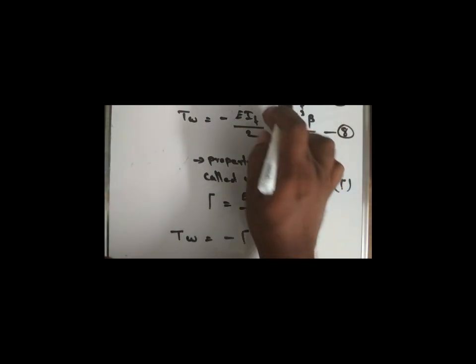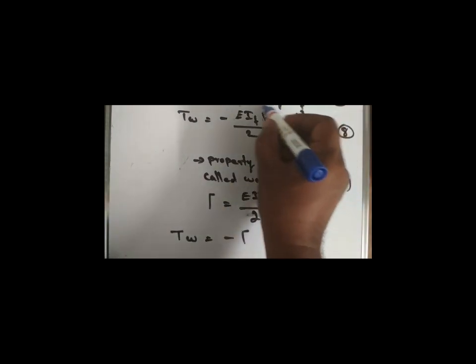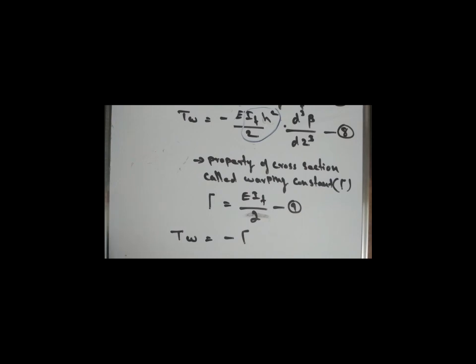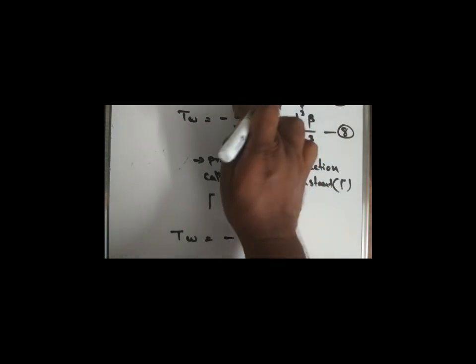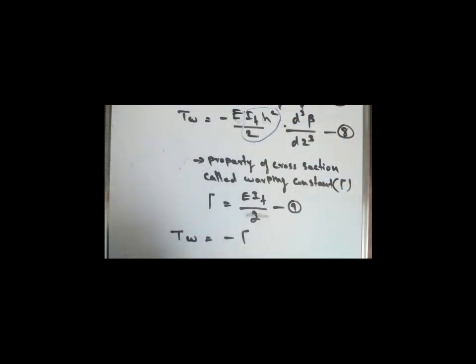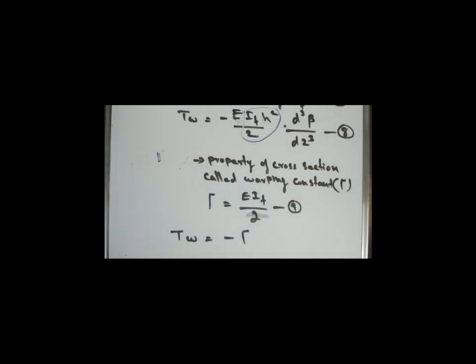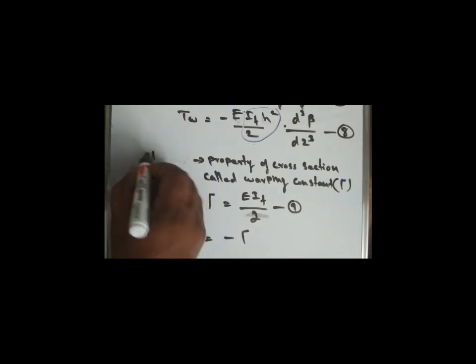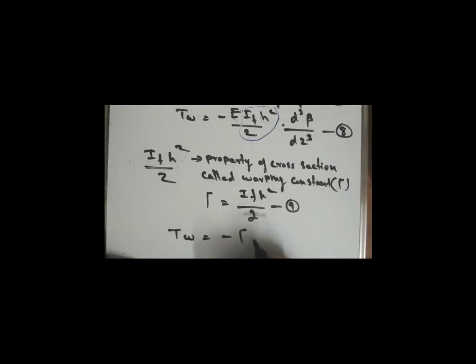So gamma is IF h squared by 2. Now, I am rewriting that equation 8.